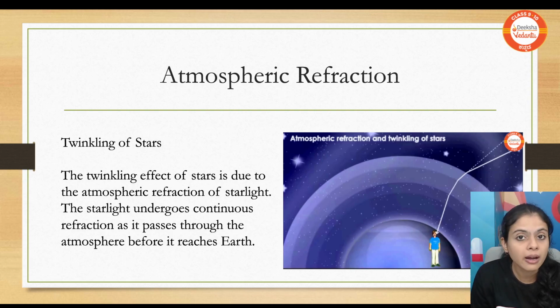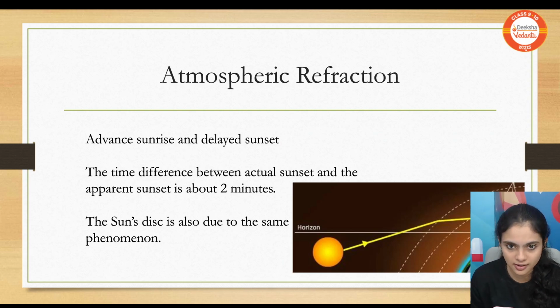Sometimes the light ray may reach your eyes and sometimes it may not. So that appears as a blink, and that is called the twinkling of stars. The twinkling effect of a star is due to the atmospheric refraction of starlight. The starlight undergoes continuous refraction as it passes through the atmosphere before reaching Earth.